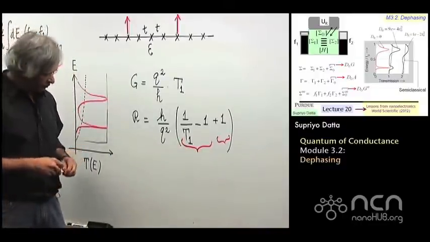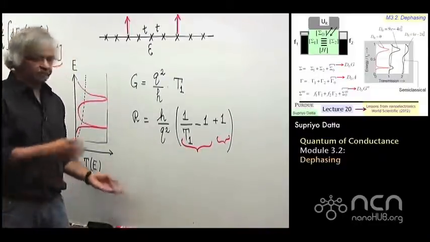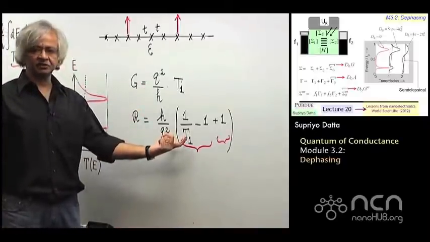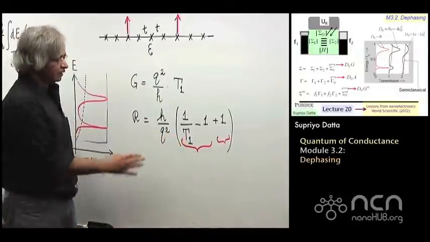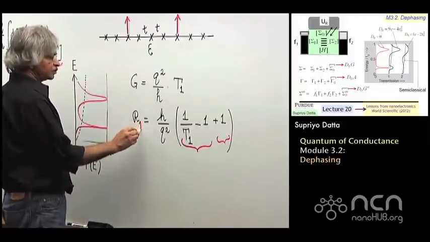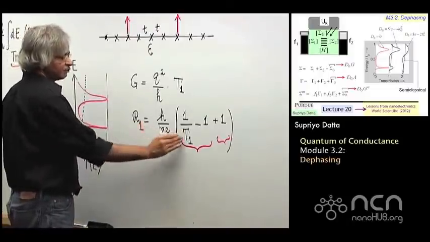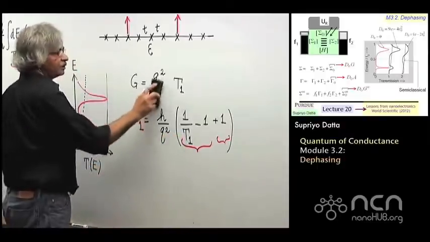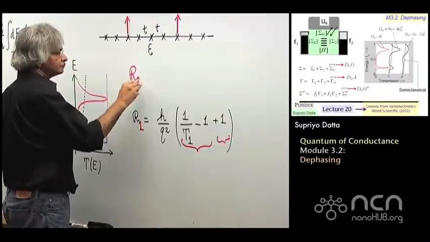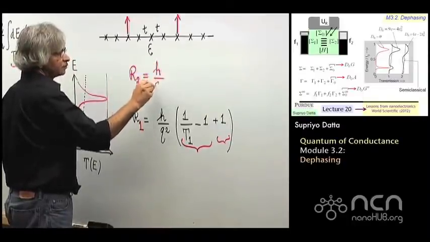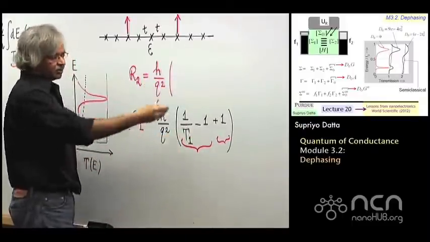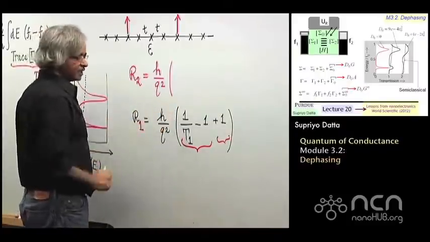So if you had 6 such sections, or let's say just 2 such sections, to keep it simple, the resistance of 2 sections, I could put an R1 here just to remind me that this is the resistance of one section having a transmission of T1. If I had 2 of them, it would be this standard quantum of resistance, h over q squared, times this part getting doubled, assuming they had about the same scattering strength.